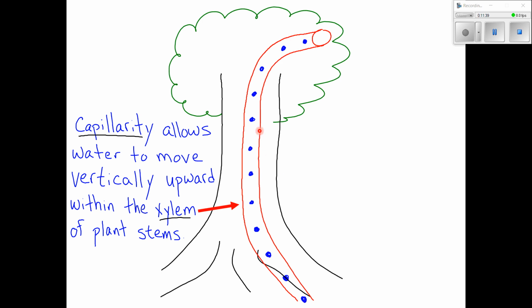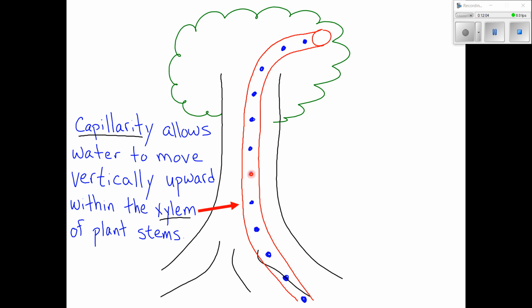At the same time, each water molecule is also attracted to the sides of the xylem tube. The water molecule is hydrogen bonded to the side of the tube. That would be adhesion. So adhesion is preventing gravity from being able to pull the water down.